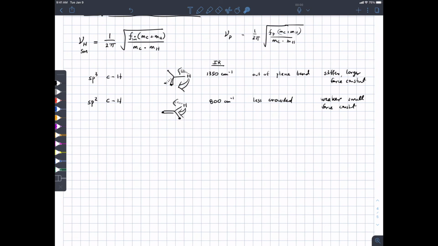Okay, so if you were to imagine what a kinetic isotope effect would look like, it's going to take too long to do the math that's going to help us figure this out.